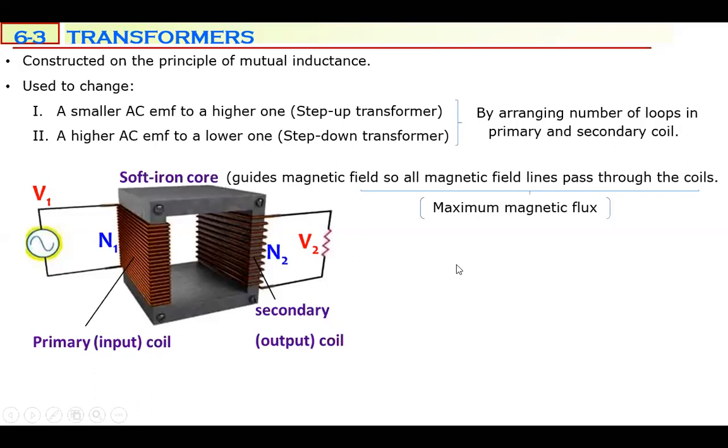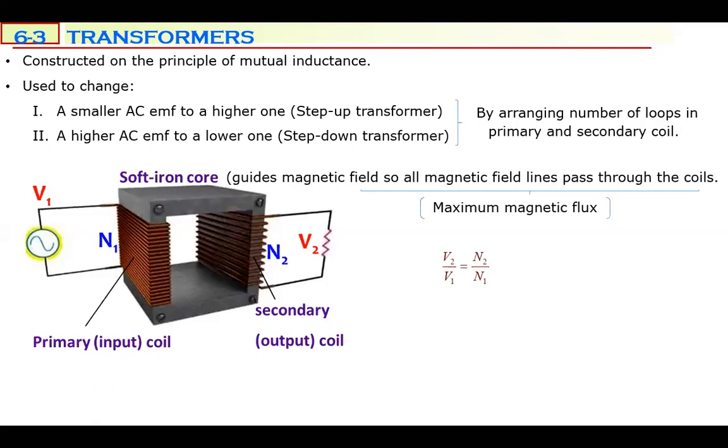So how is it possible? We know that potential difference is directly proportional to the number of turns. This is in fact Faraday's law of electromagnetic induction. Maybe you remember: E is equal to negative delta phi over delta t multiplied by N. E is proportional to N. Potential difference is proportional to the number of turns.